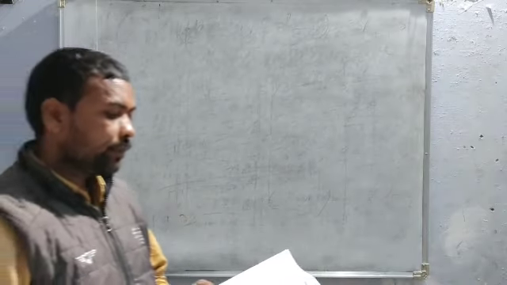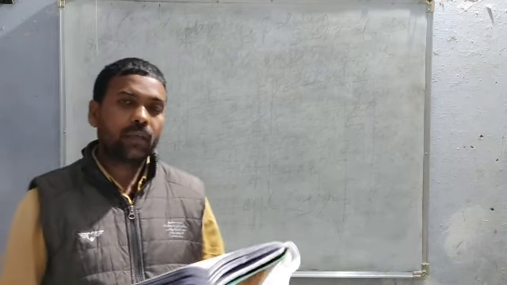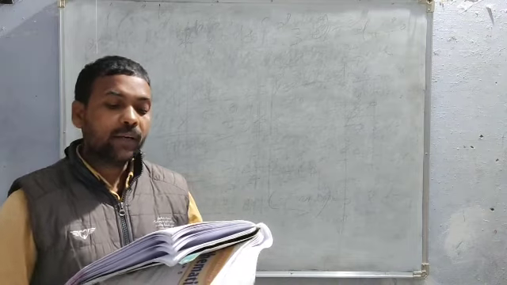And third one: in a class of 50 students, 10% students did not pass a test. How many students passed the test? This question you can do two methods, any one of two methods. First, you can find the number of students did not pass.